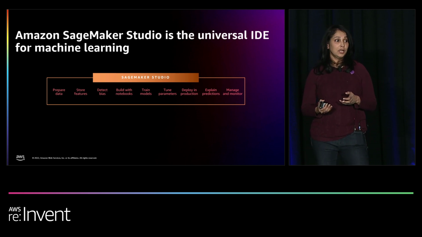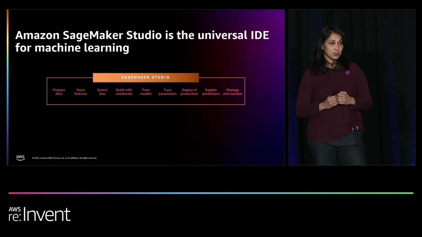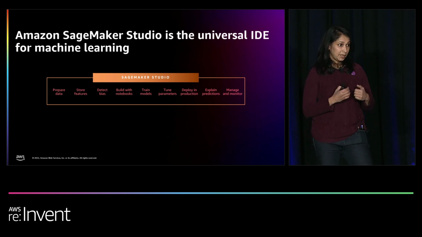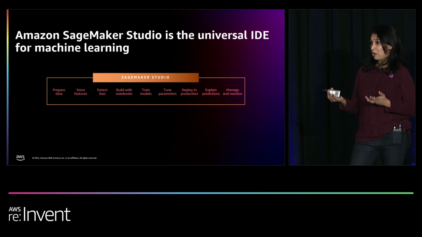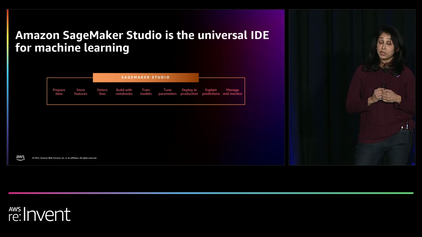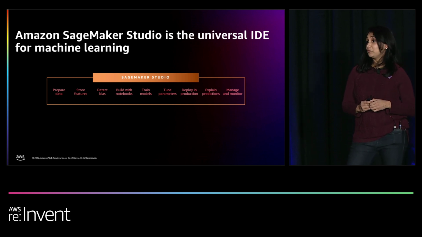So, of course, you have your managed notebooks where you can author all of your code. But also, from that same interface, you can ingest your data, you can prepare and clean your data, you can run all of your training jobs, you can debug your training jobs in case something goes wrong. You can also manage and monitor all of your experiments.